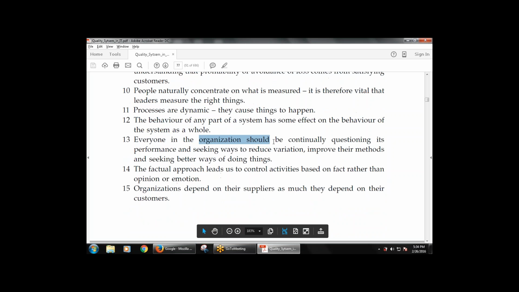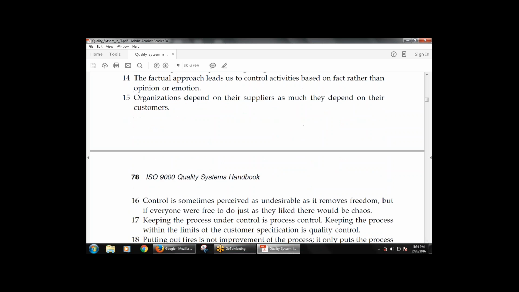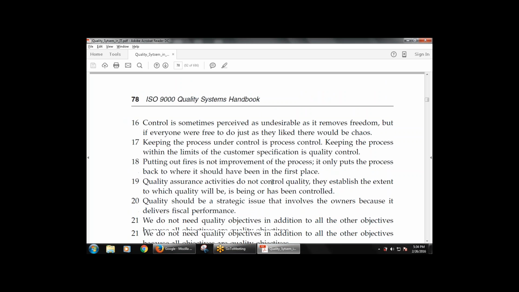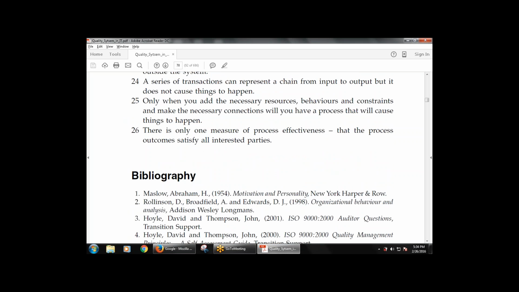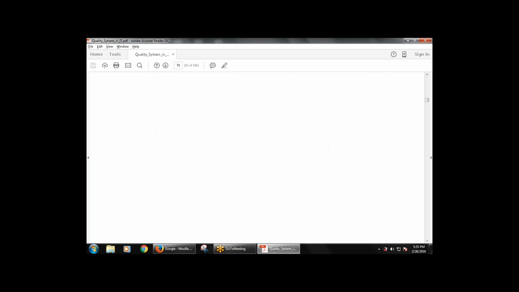And everyone in the organization should continually question its performance, leading to control activity that is based on facts rather than opinion or emotion. Then this is the bibliography, that means the outcome of this.